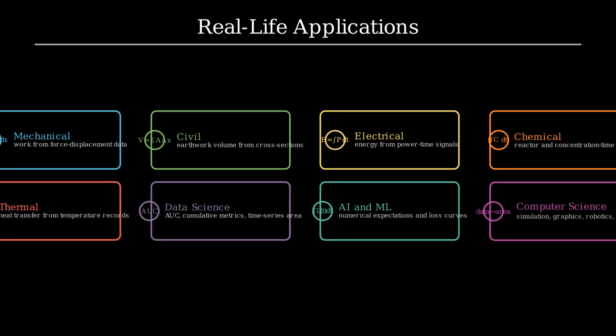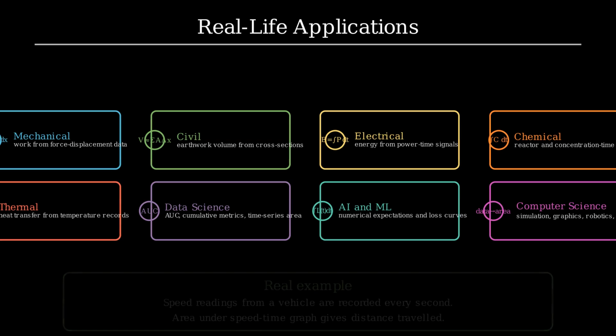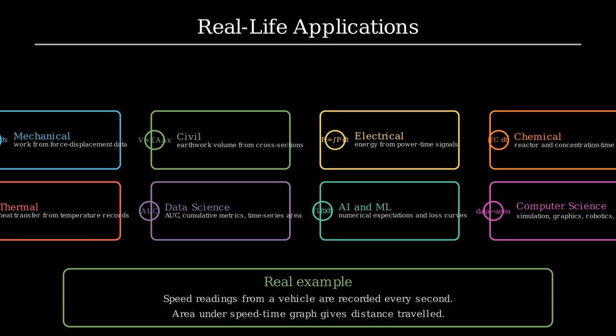It is also used in thermal systems, chemical processes, data science dashboards, machine learning experiments, simulations, robotics, and sensor-based computer systems. A very common example is vehicle distance estimation. If we know speed at discrete times, we estimate the distance by calculating the area under the speed-time curve.